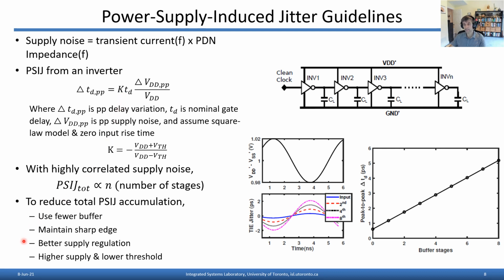And clearly, anything we can do to keep the supply voltage constant, supply regulation, would be very helpful, even just a lot of decoupling capacitance. And then finally, a higher supply voltage and or lower threshold voltage would benefit this technology constant, K.